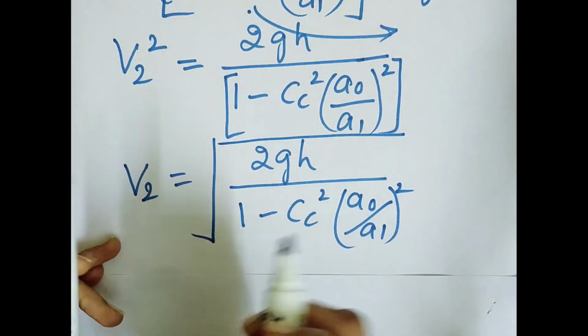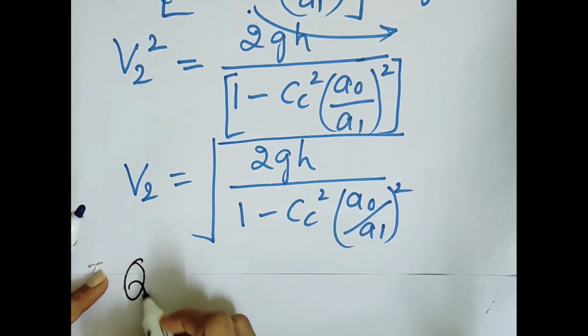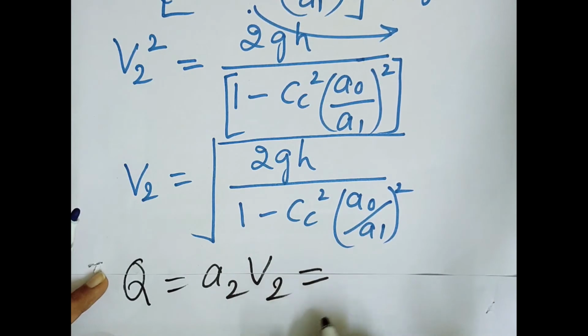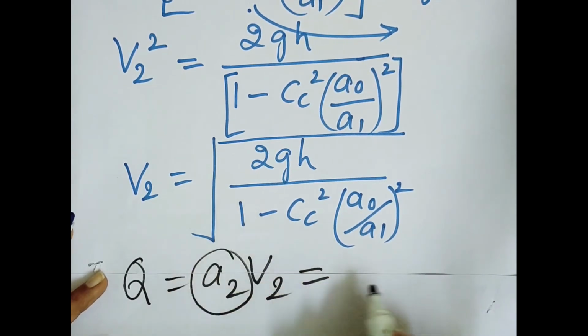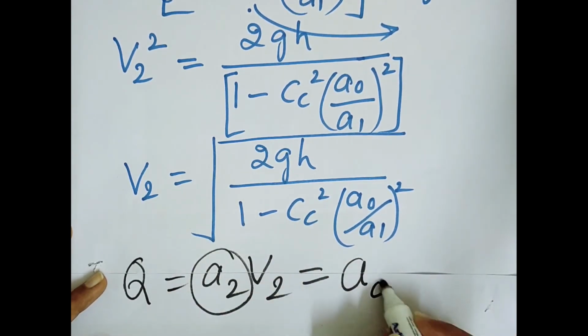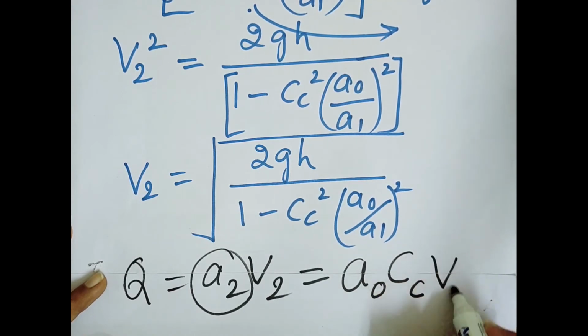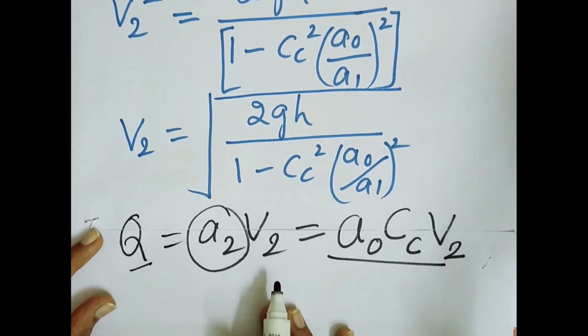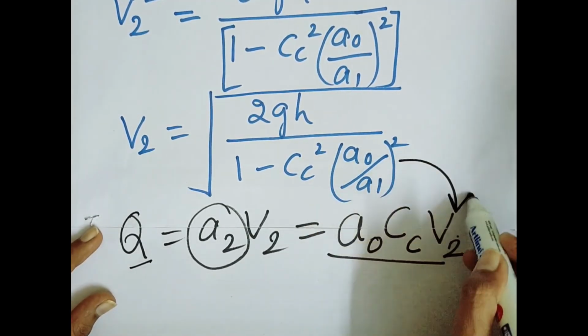So we know the discharge equation. Q is equal to what? A2 into V2, and A2 we know is A0 into Cc. So Q is equal to A0 into Cc into V2. You substitute this V2 here.